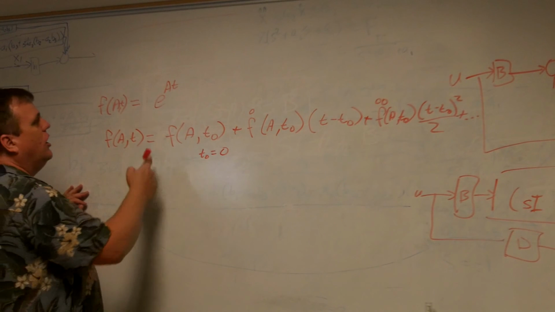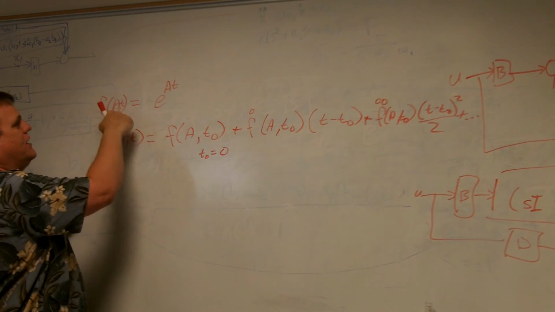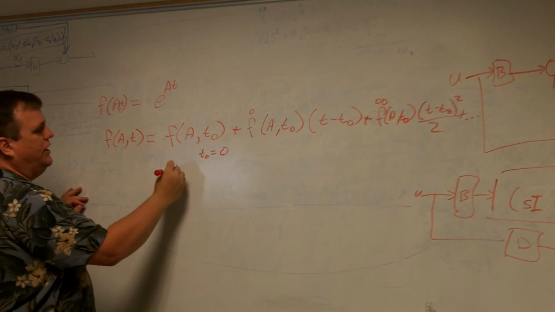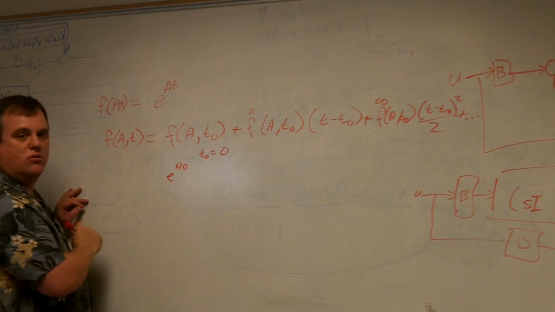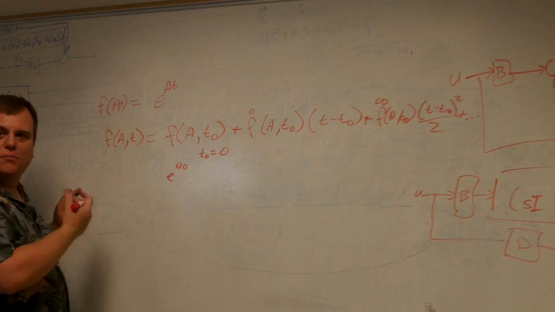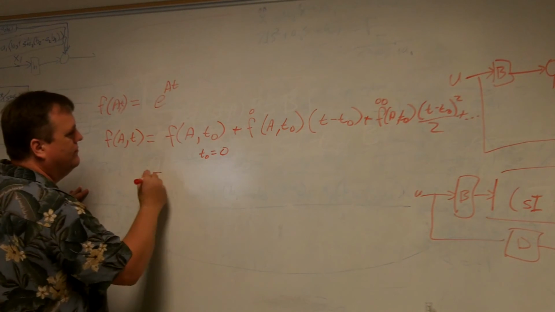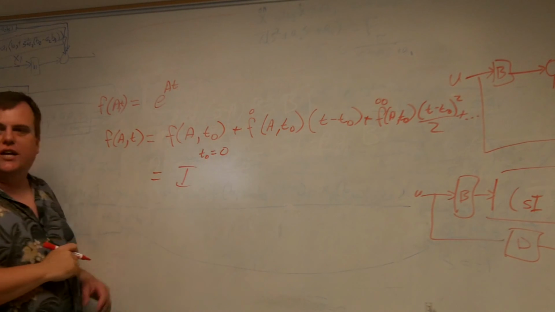So f of A at 0 is e to the A times 0, which is 1. Or, well, no, there's a matrix there. It's the matrix equivalent of 1. What's the matrix equivalent of 1? I. This first term is just the identity matrix.